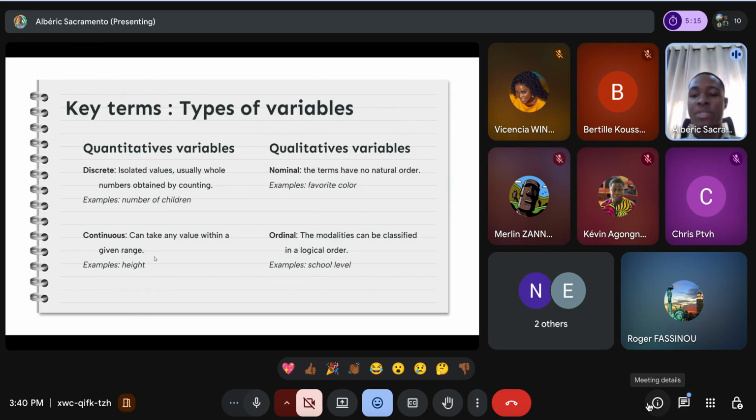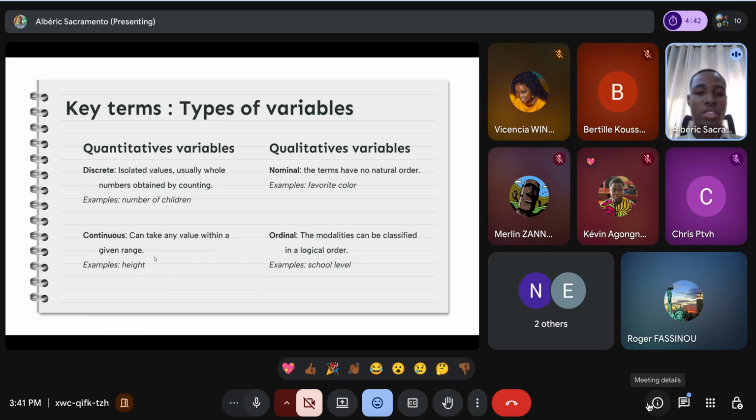This slide is about variables, and it shows us how many types of variable we really have. Did Kevin give the right answer? He said quantitative variables and qualitative variables, and that is on the slide. So I think Kevin gave the right answer. Thank you, Kevin. So, like he said, we have quantitative variables and qualitative variables.